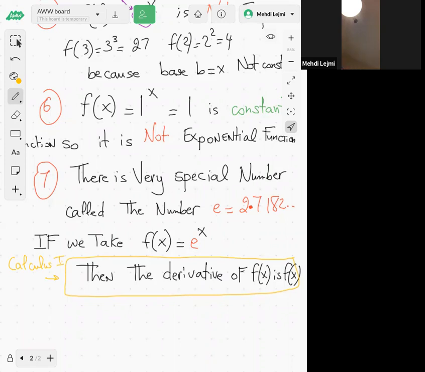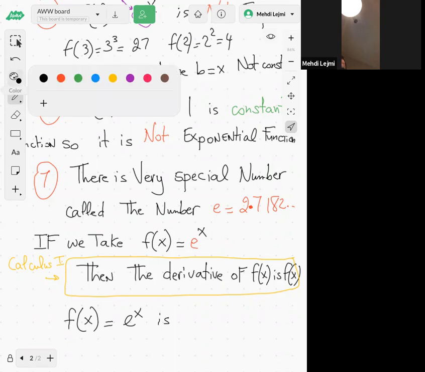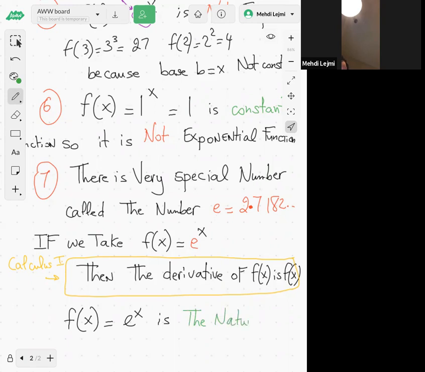Anyway, this f of x equal to e to the x, this is what I will call the natural exponential function.